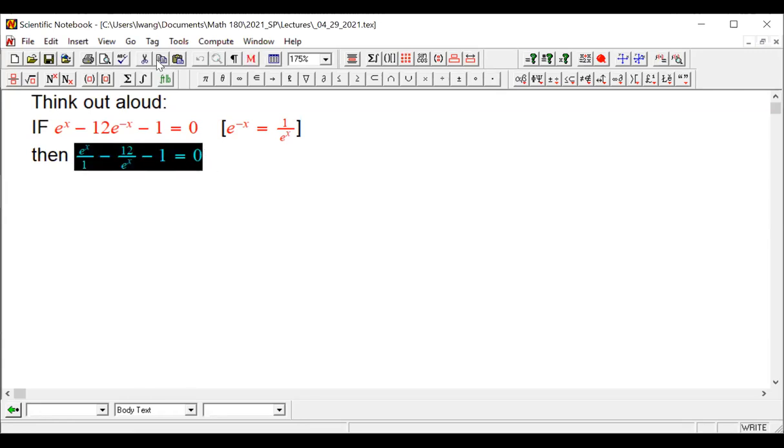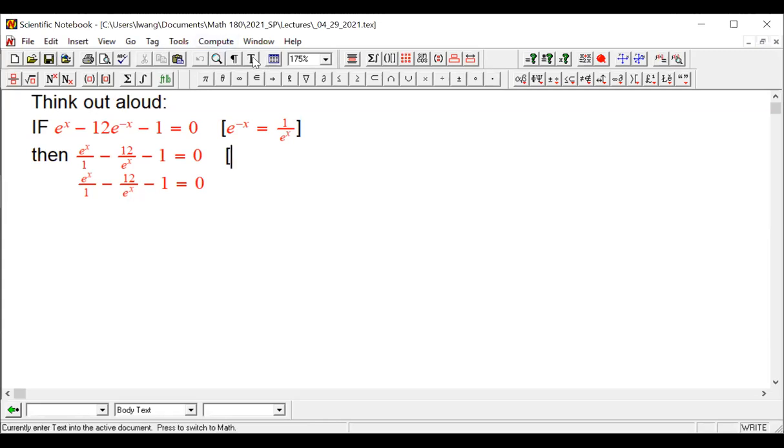And if this is true, what can you do? E to the power x apparently is in the denominator. But e to the power x is positive for any real number, right?